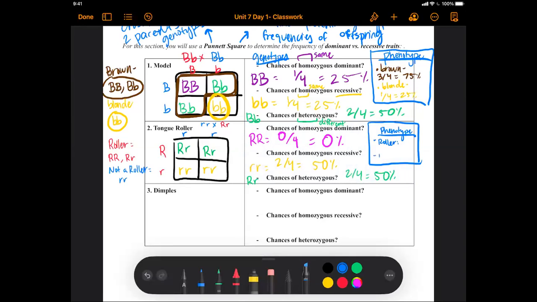That's open to anyone. Would it be 50%? It would be 50%. And how'd you get that? It would be 50%, but can someone tell me why it would be 50?